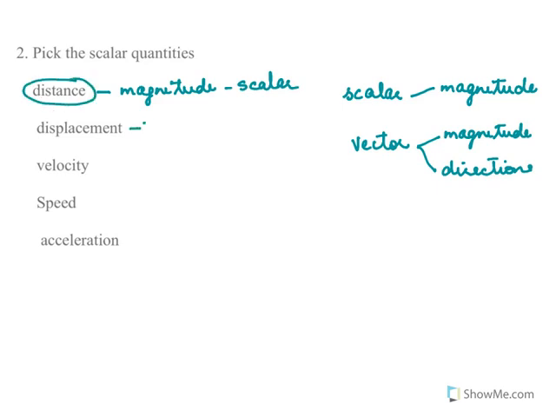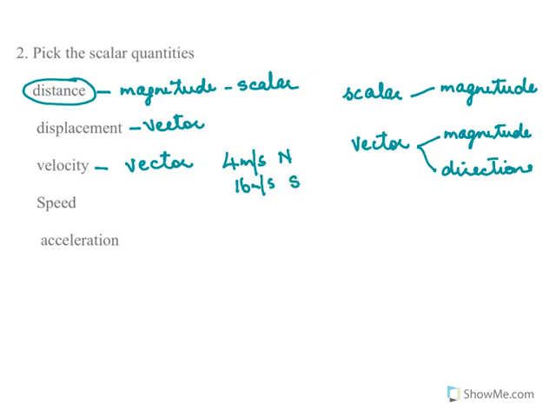Distance is scalar. Displacement is vector. It has got magnitude as well as direction. Velocity is also vector. It has got magnitude as well as direction. Because of velocity, we say 4 meter per second, and we have to give the direction, maybe the north direction, or 16 meter per second south direction.